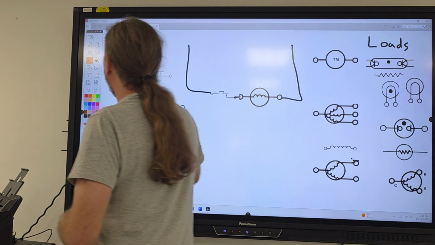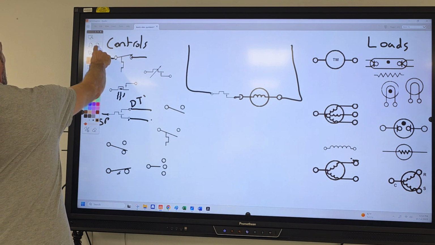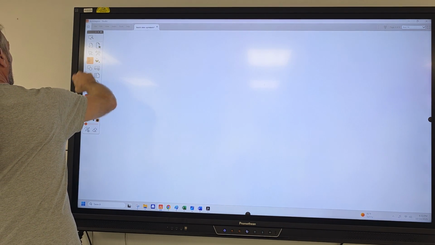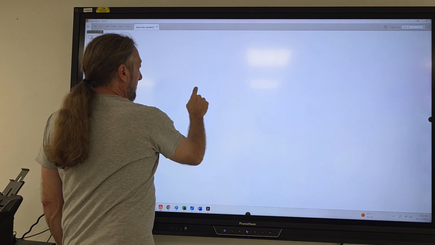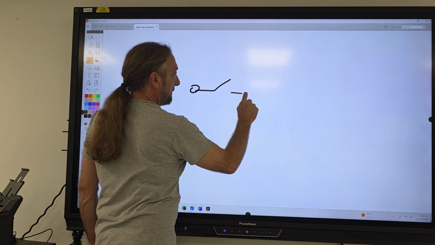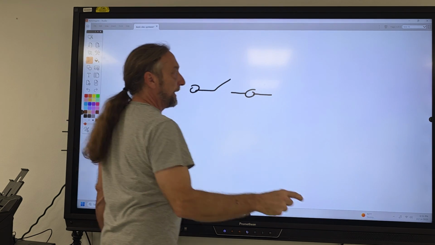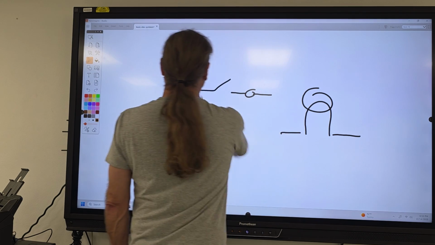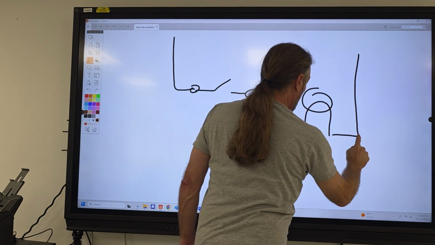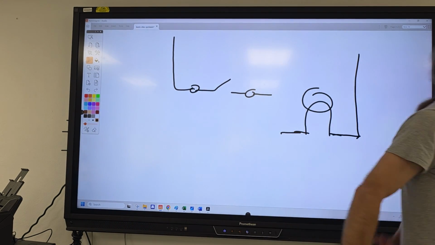And I get a single pole switch and a light bulb. And that's what I have students draw.